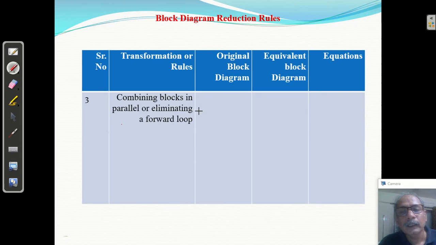For example, this is the reference input R of S. Here it is G1. Here it is the error detector, so this is plus, and here it is also plus. This is G2.